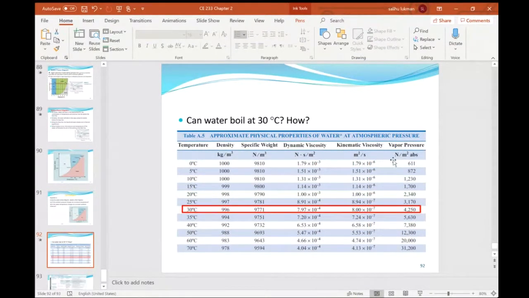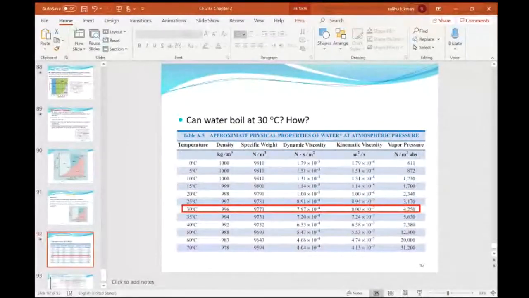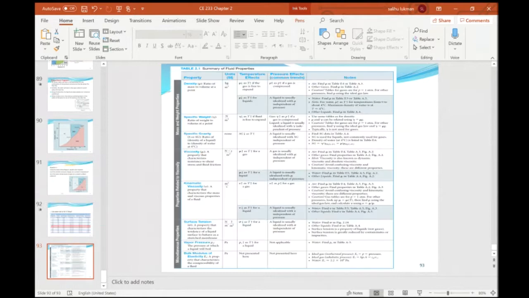So the atmospheric pressure has to be reduced to this value, which is 4.2 kilopascal. Once it is reduced to 4.2 kilopascal, it will boil at 30 degrees Celsius.